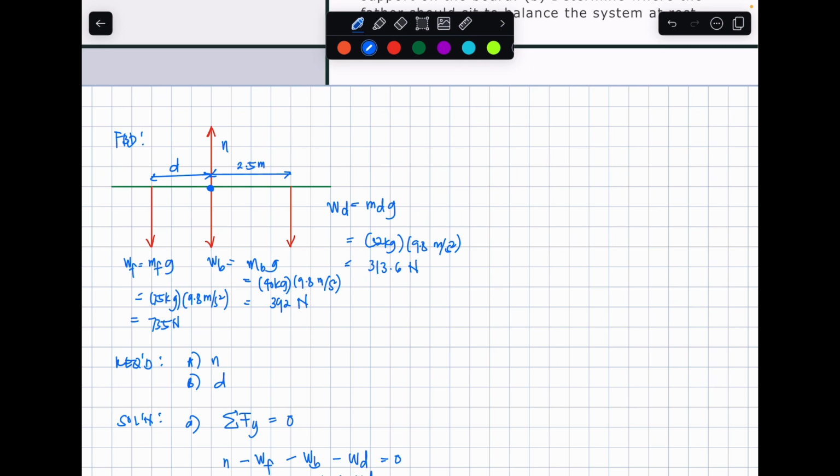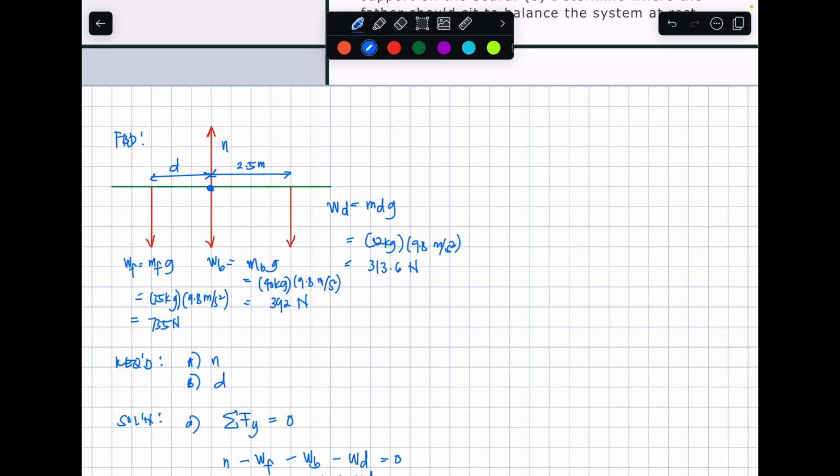Unlike the weight of the father as well as the weight of the daughter, where there will be a lever arm. The weight of the daughter is 2.5 meters from the fulcrum, therefore the lever arm there is 2.5 meters.